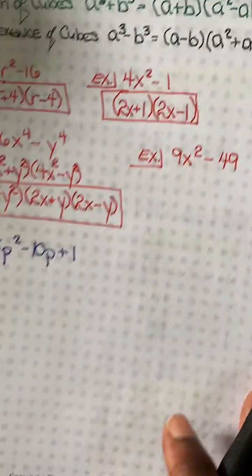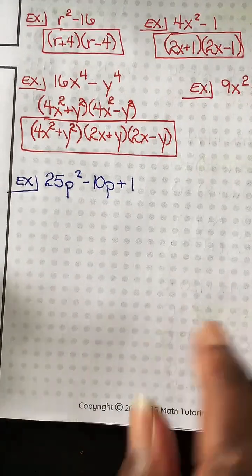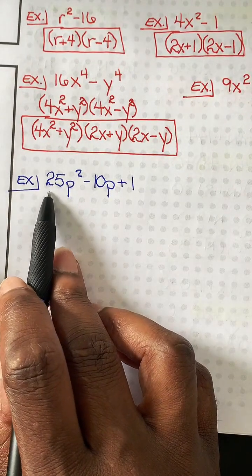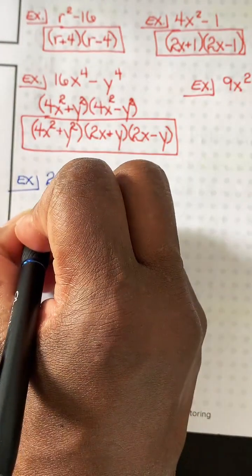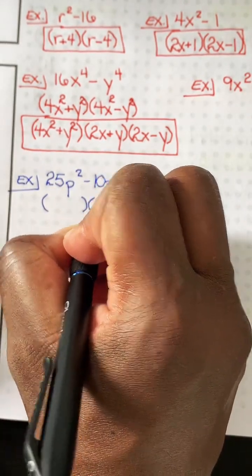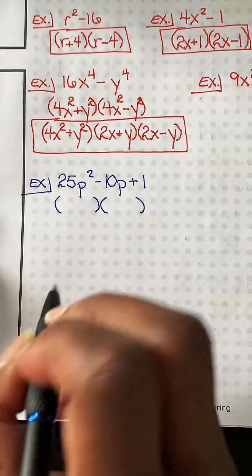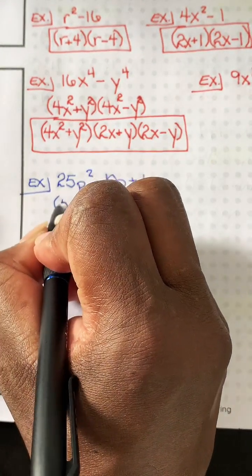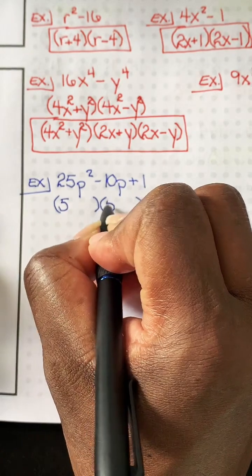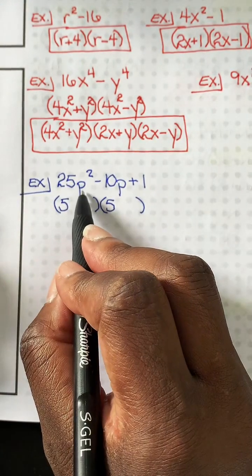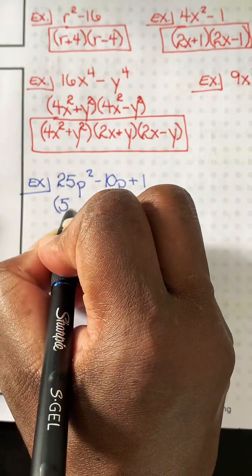So if I take the square root of my 25, if I split it, the square root of 25 will give me 5. So I have 5 here, and I have a 5 here. Square root of p squared, that means I'm splitting up my p's.